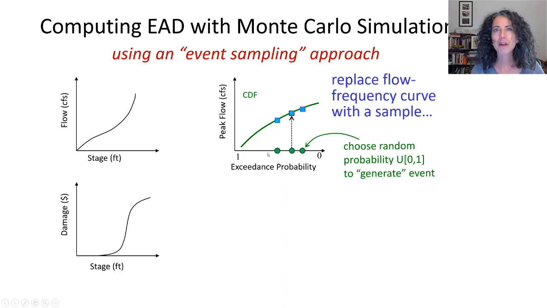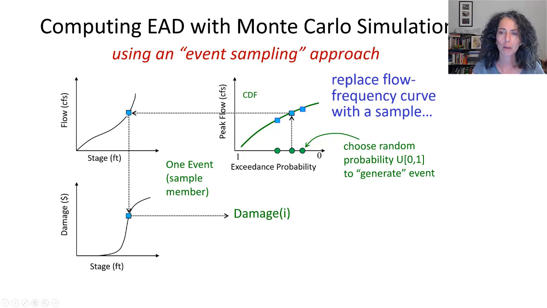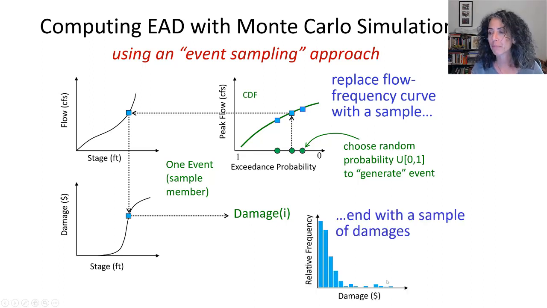So by generating uniform 0 to 1 values, we can put each uniform value as the exceedance probability, come up to the curve to get a flow, come across to get a stage, down here to get a damage. So for every random flow, we get a random damage. That's 1 sample member. With a large sample size of flow, we get a large sample of damages. The average damage is the EAD.